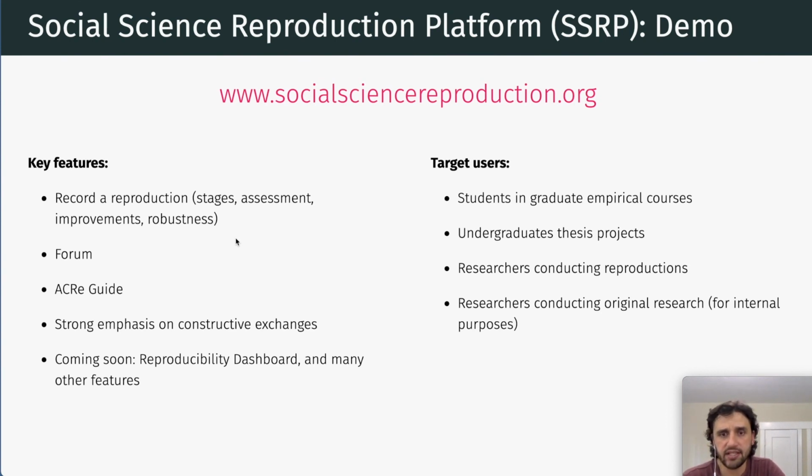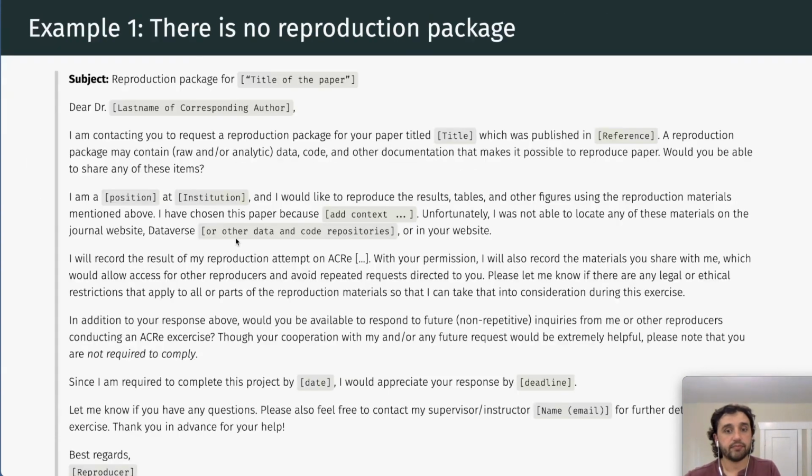So we think that this is a valuable exercise to do as a thesis, especially if you go through the exercise of reconstructing the raw data or reviewing in detail the raw data. And also for researchers conducting reproductions and original research. So for internal purposes, researchers can use this to track how their reproducibility tree is looking, do some quality assessments, and basically keep track of their project.